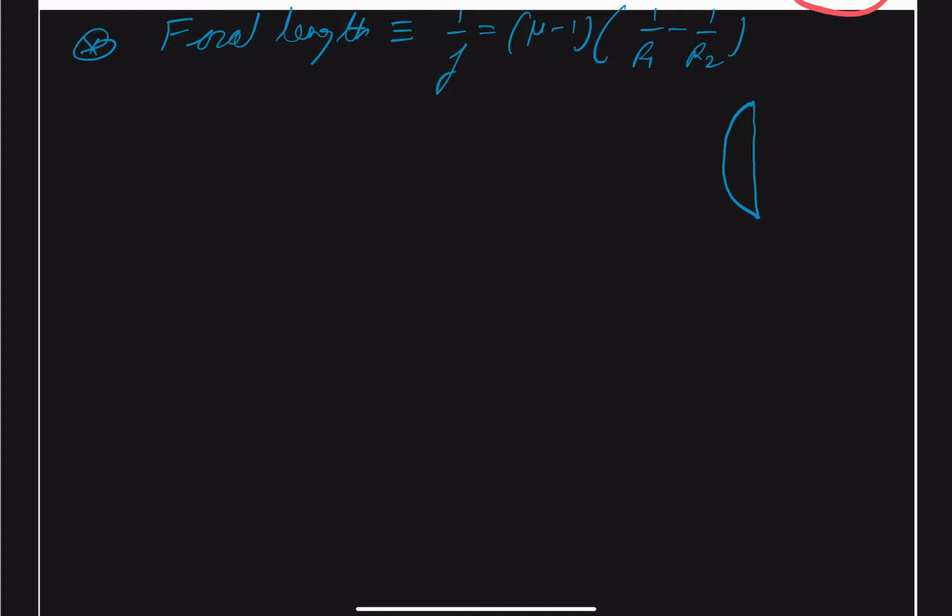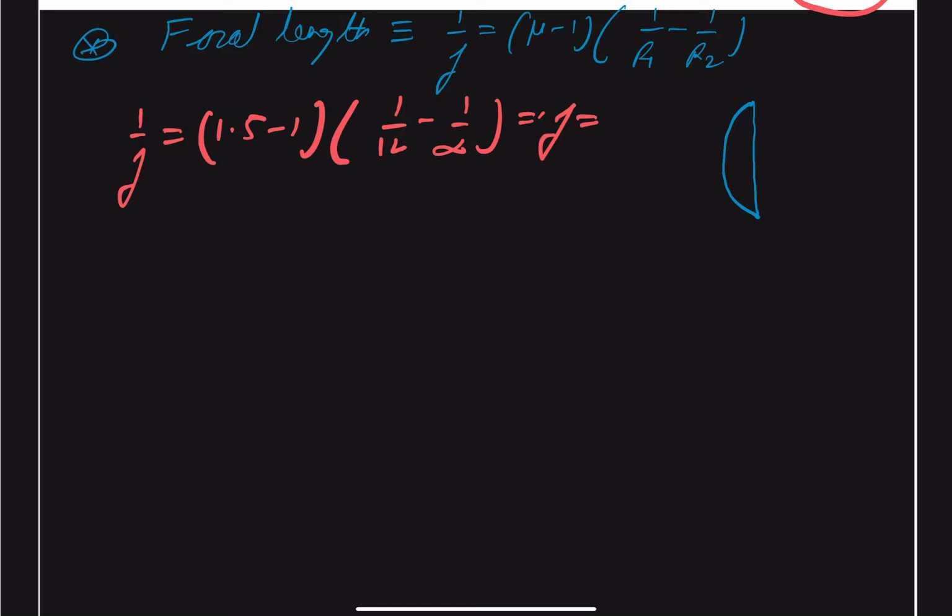The radius of curvature for one side will be infinity, and for the other side it is given as 12. Substituting, 1 upon f is equal to 1.5 minus 1 into 1 upon 12 minus 1 upon infinity, and this gives a focal length of 24 centimeters.